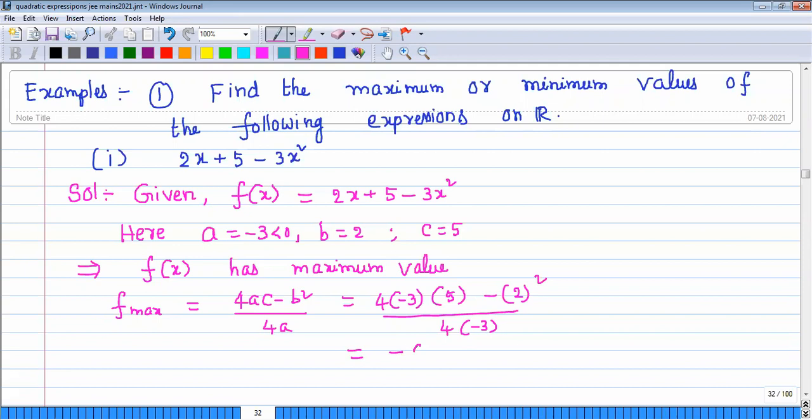Minus 60, minus 4, and minus 12. So minus 64 by minus 12, 64 by 12, 16 by 3.